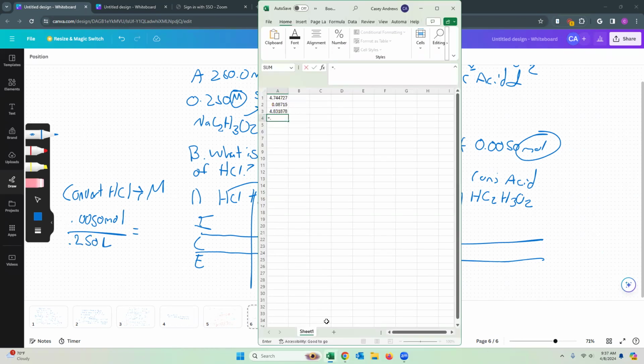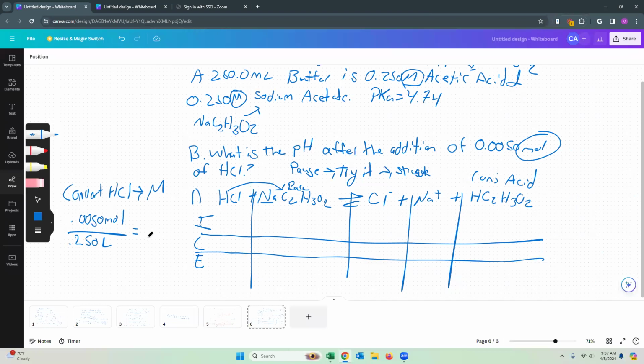So 0.0050 divided by 0.250. Our molarity of HCl is 0.020 molar. So that's our initial concentration. Our base is 0.250. We don't have any chlorine.